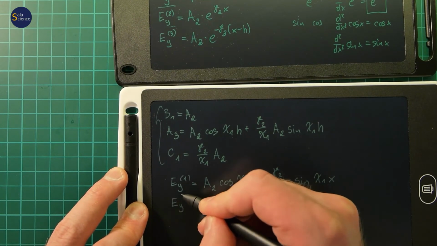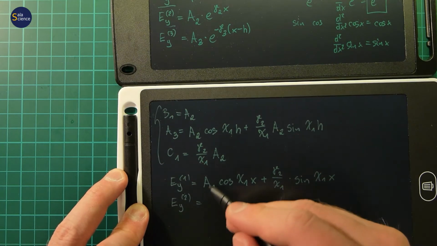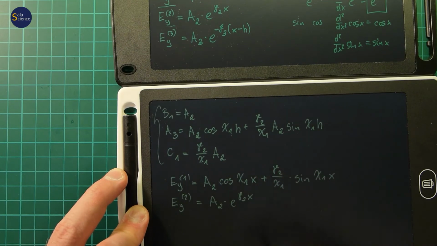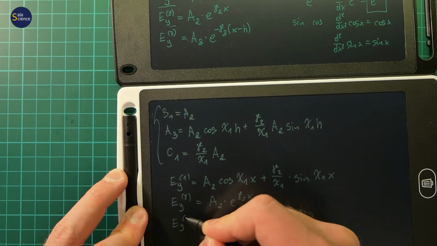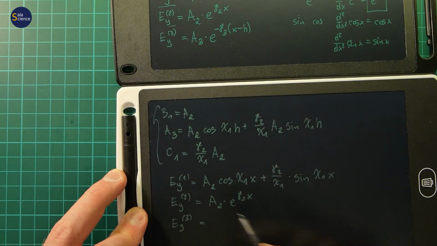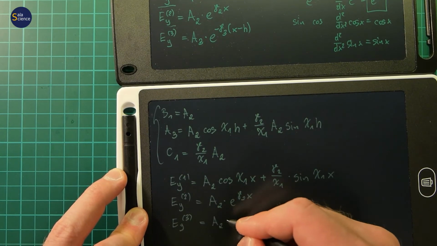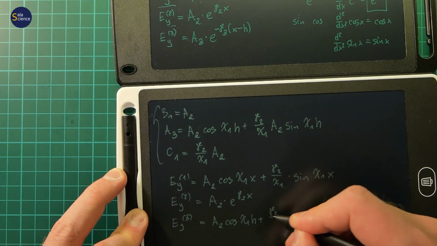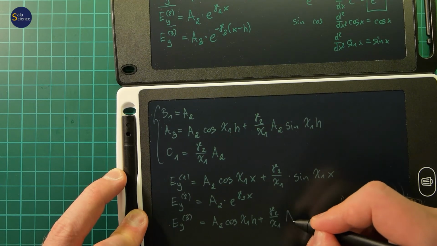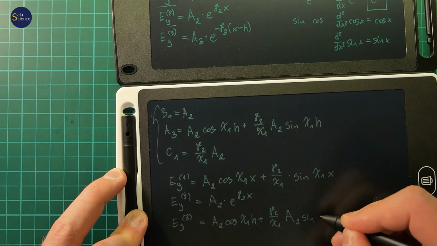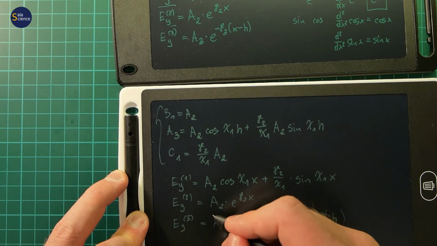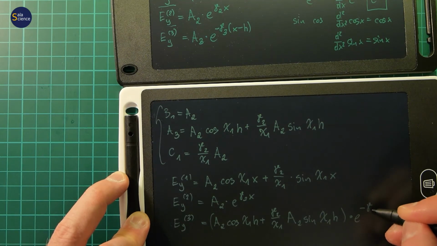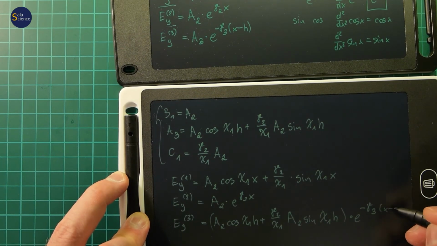In the second region, in the substrate, we have just A2 e to the gamma 2 x. And in the third region, in the cladding, we have A3, and we know that A3 is A2 cosine chi 1 h plus gamma 2 over chi 1 A2 sine chi 1 h, times e to the power of minus gamma 3 times x minus h.